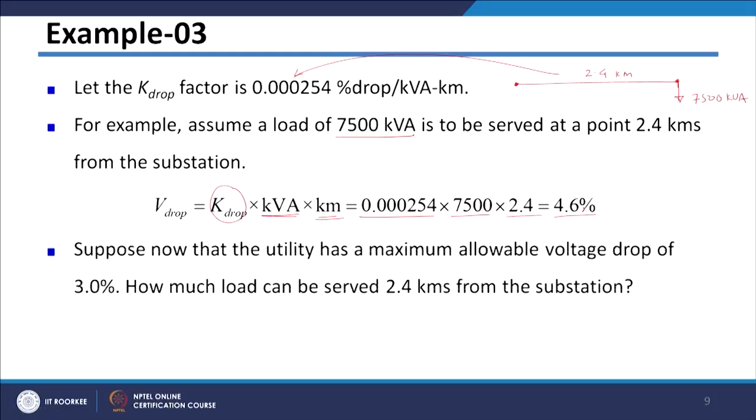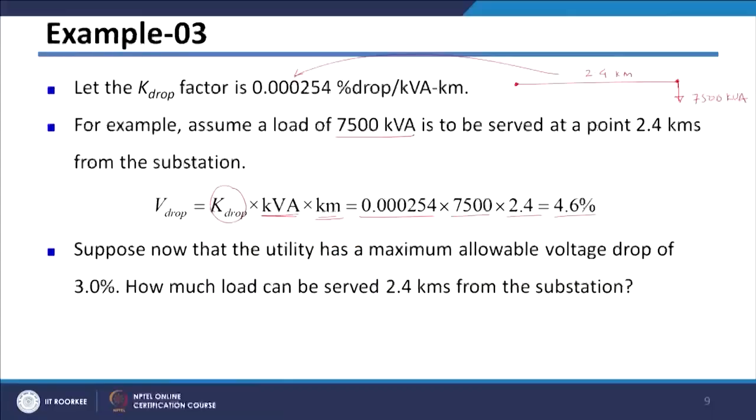And normally we know that there is a maximum allowable voltage drop limit, and many times it may be plus minus 3%, plus minus 5% or plus minus 10%. Let us say for this particular utility your voltage drop limit is plus minus 3%, and I want to restrict the load such that this limit will not get violated.